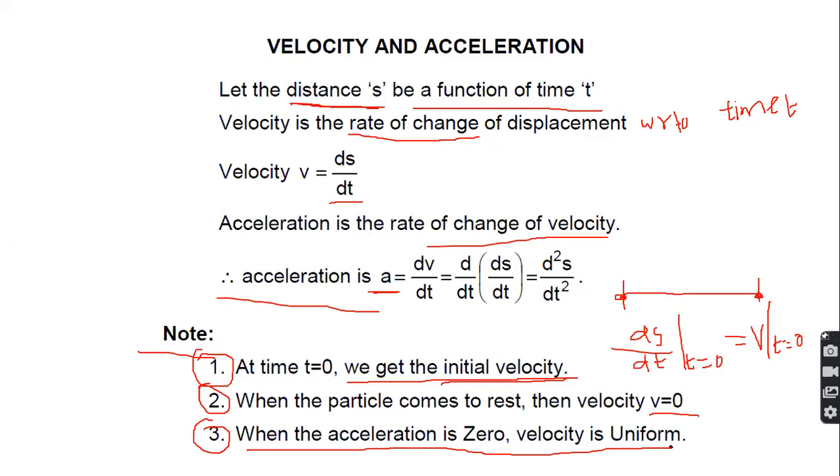It is 0, because there is no displacement at time t equal to 0. Then you start the count, and the rocket launching starts. It goes at very high speed initially. After it reaches some height, it will be stable.